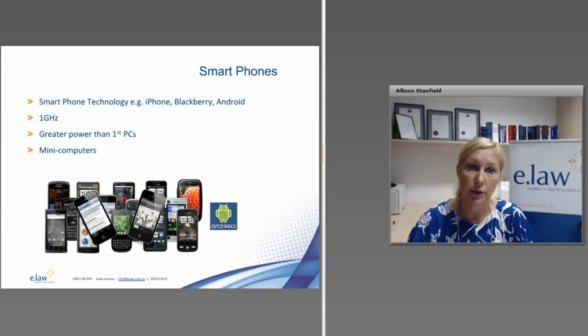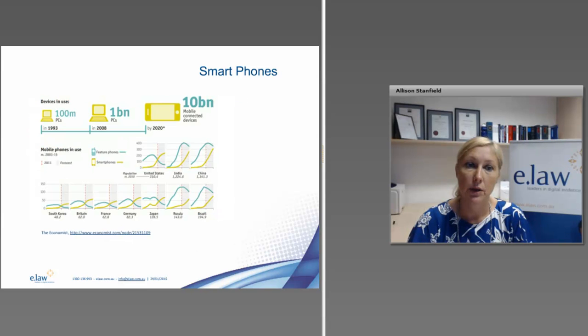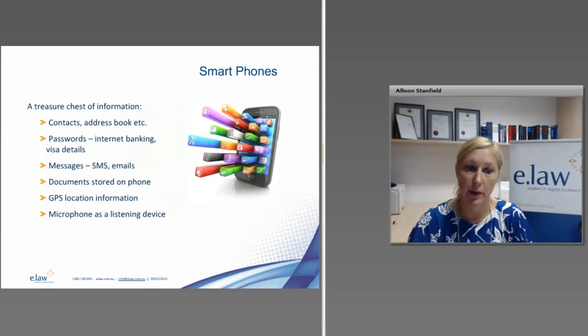Essentially, though, evidence from a smartphone is still discoverable. Obviously, it's still capable of being produced in court. The biggest thing about smartphones obviously is that they're just ubiquitous, they're everywhere, and they contain a lot of stuff. So as I said, contacts, address book, a lot of information is available from an organisation unless you're looking at a person's information that is personal to them.